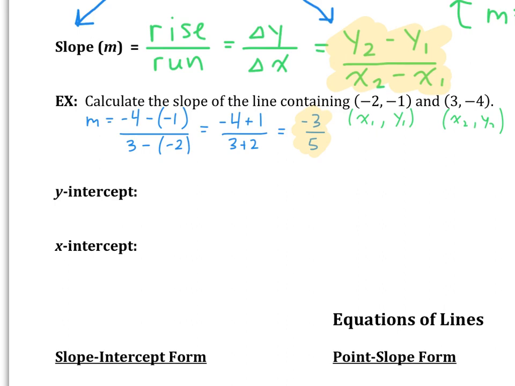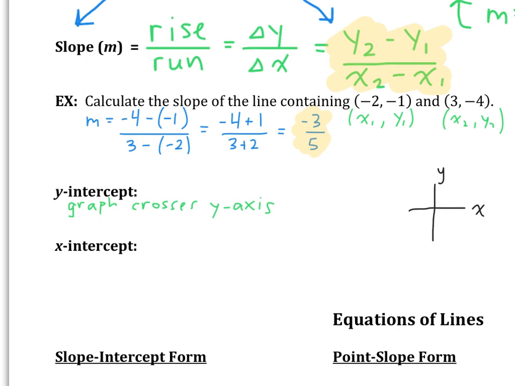Okay, other key vocabulary that we're going to talk about very often is our x and our y intercepts. Okay, so just a quick refresher, what is a y-intercept? Graphically speaking, it's where our graph crosses the y-axis. Okay, so thinking about our axes, if I draw this over here, we have our x-axis and our y-axis.